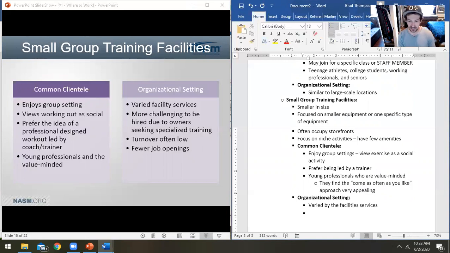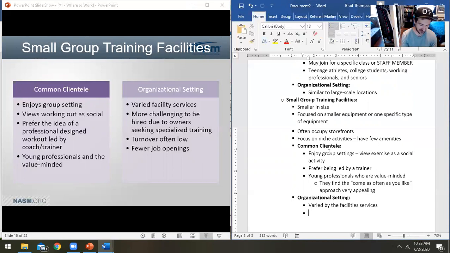One other thing is it can be more challenging to get into a place like this. You will often require specific certifications. I was just talking to one of our students the other day who was thinking about getting a yoga certification, but a lot of times certain yoga studios will require specific training in specific types of yoga in order for you to work there. That's true in places like this as well.